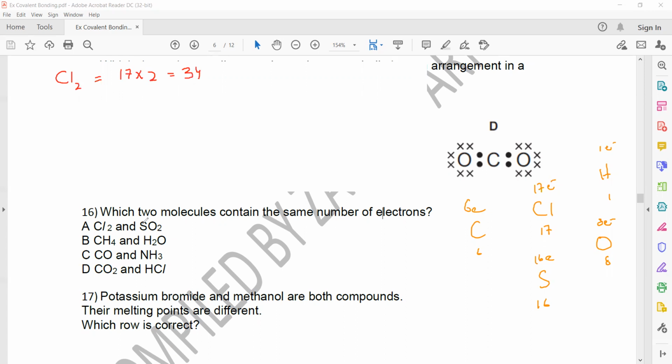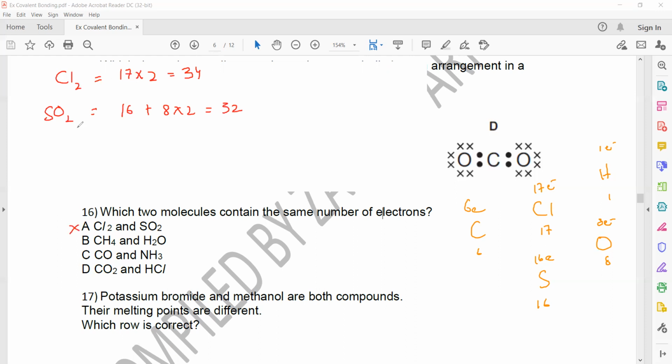What about sulfur dioxide? Sulfur contains 16 electrons and one oxygen contains 8 electrons, multiplied by how many oxygens are there? 2. So 8 multiplied by 2 is 16, and 16 plus 16 equals 32. So it cannot be A.